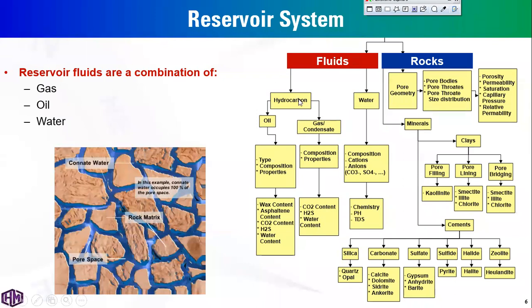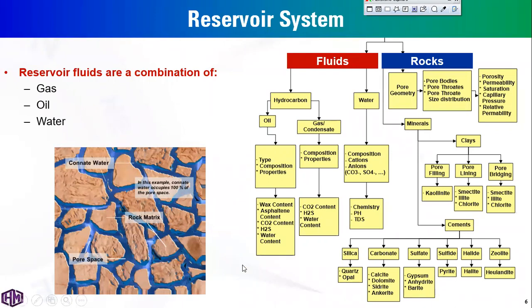For the hydrocarbon part, we have oil or gas, based on the reservoir fluid type. So it's very important to identify the fluid composition and also the fluid properties. Typically, the most important properties of oil are Bo, the oil formation volume factor, and the solution gas oil ratio.